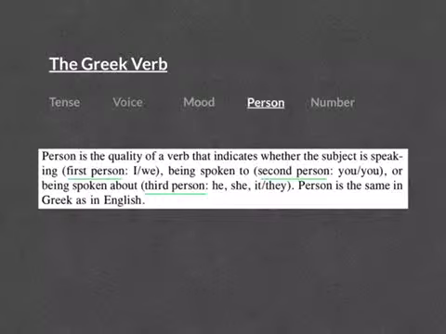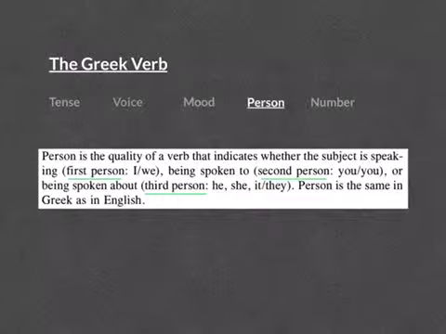So the person is the quality of the verb that indicates whether the subject is speaking, being spoken to, or being spoken about. And if there's anything I want you to memorize out of this, it's 1, 2, 3. First person, second person, third person. The best way to see it is if I am speaking, I'm the first person. But if I am speaking to you, you're the one being spoken to.